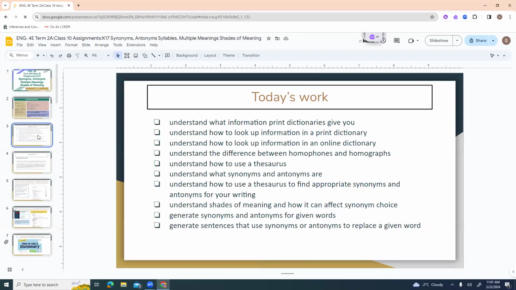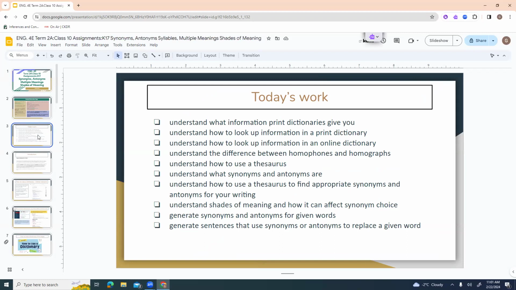All right. Today's work. Here is a long list of what we're doing. Understand what information a print dictionary gives you, like a real book. Understand how to look up information in a print dictionary. Understand how to look up information in an online dictionary, which is a little tiny bit different. Understand the difference between homophones and homographs. Understand how to use a thesaurus.